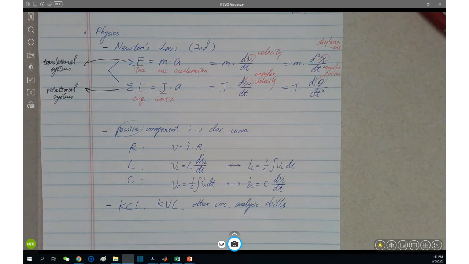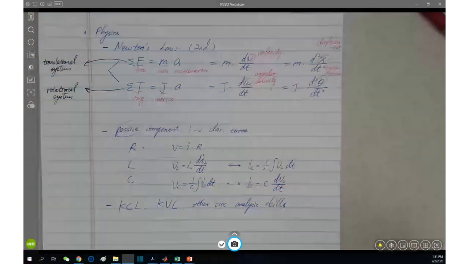How to come up with equations? Never forget KCL, KVL, those circuit analysis skills. Those are basically what we can depend upon. Absolutely. These are the physics we use very often.